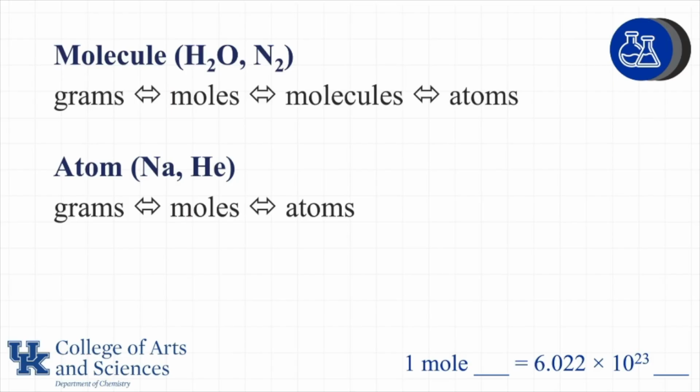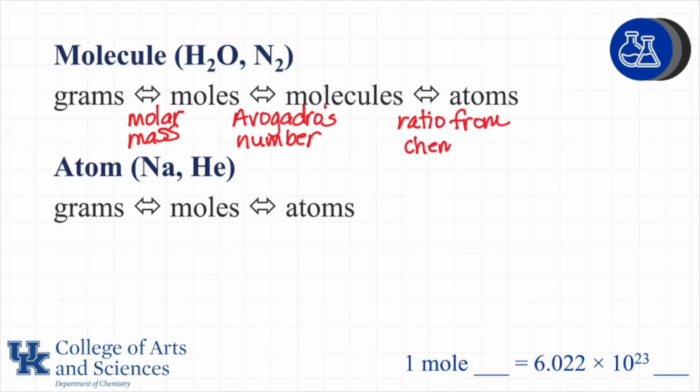or if we're starting with an atom, how we can get from grams to atoms. Just a reminder, the relationship between grams and moles is through molar mass, which is units of grams per mole. Between moles and molecules is Avogadro's number, or 6.022 times 10 to the 23rd things per 1 mole of things. Between molecules and atoms, it's the ratio from the chemical formula.